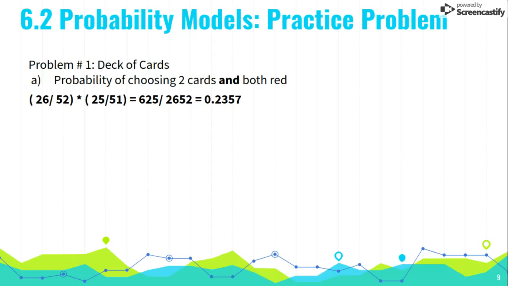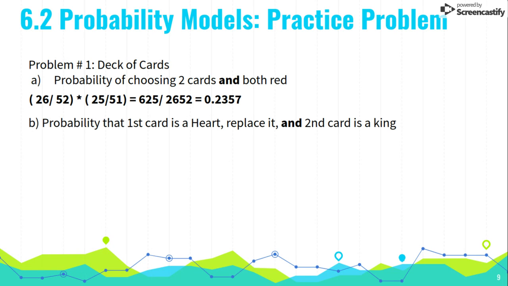That times 25 over 51, because it's without replacement, so you get rid of one red card, and that's why it's 25 out of 51. And it's multiplication because it's an and problem, like intersection. So it's 650 over 2,652, which equals 0.2451.